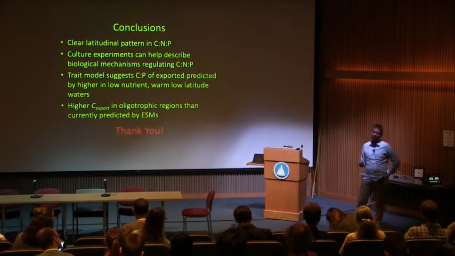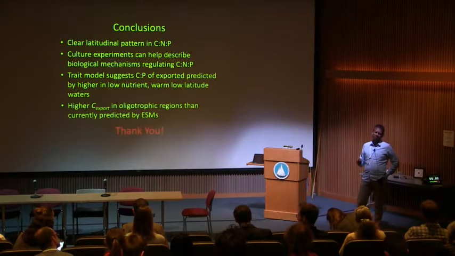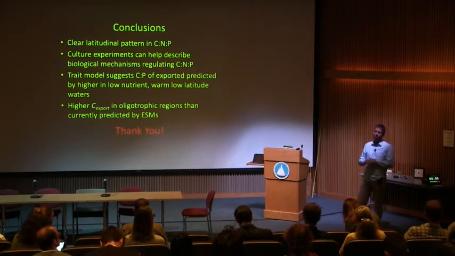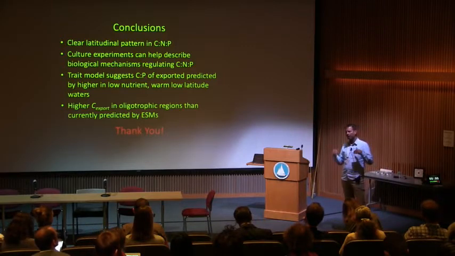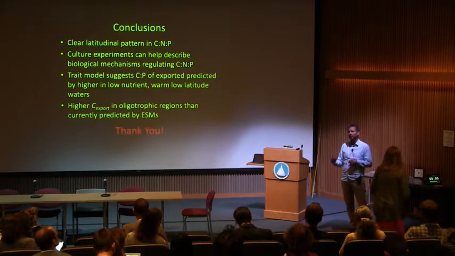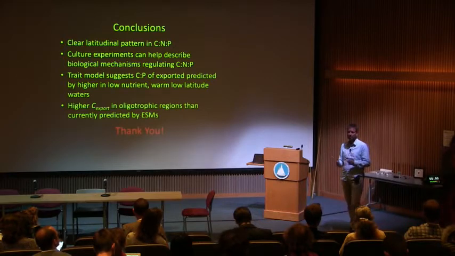The second way that we address that question is using inverse models, where we have basically the global distribution of phosphate, nitrate, and CO2, and try to say what is the elemental composition of exported material that best matches the hydrographic distribution of phosphate, nitrate, and CO2, or DIC, I should say.